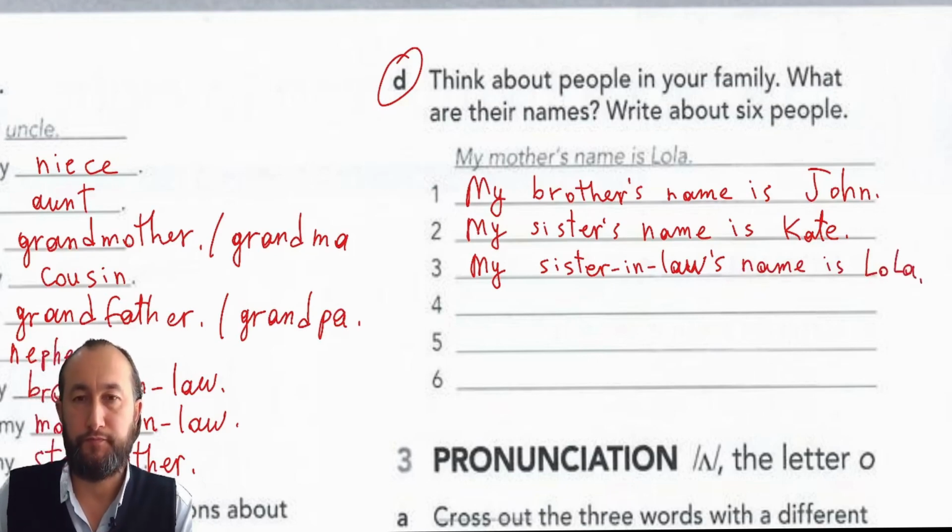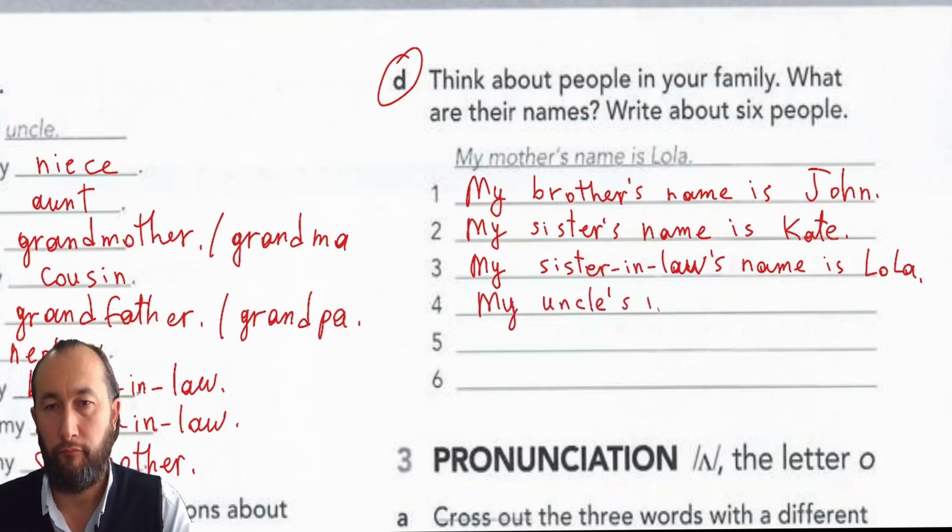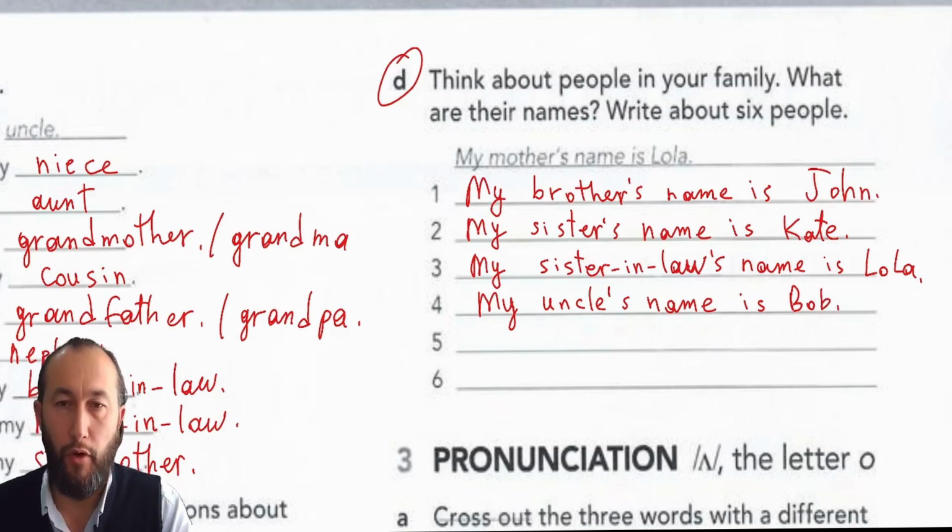What else? Number 4, my uncle, for example. My uncle's name is, let's say Bob. Why not? In America, say Bob, right? In England, Bob.